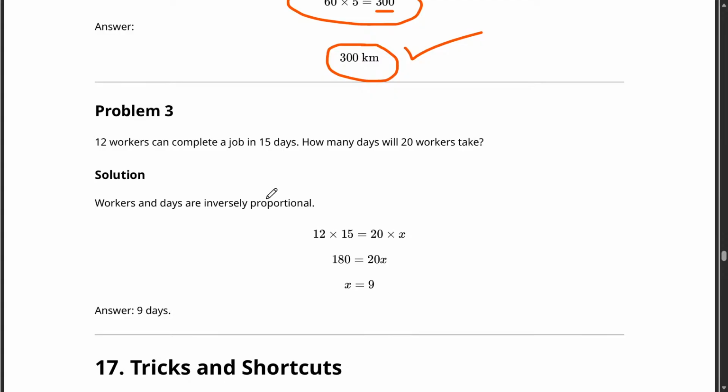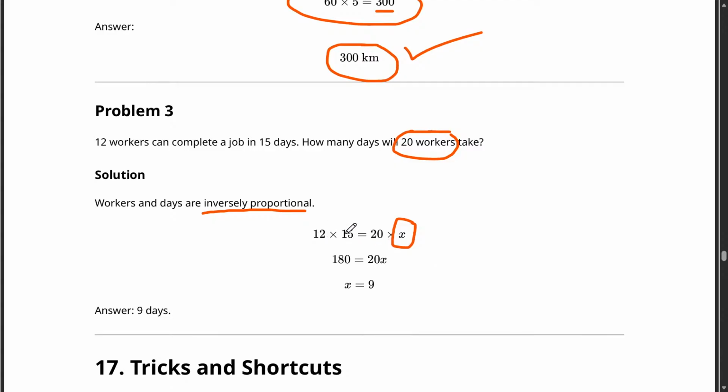So 12 into 15 equals 20 into x, where x is the number of days 20 workers will take to complete the work.